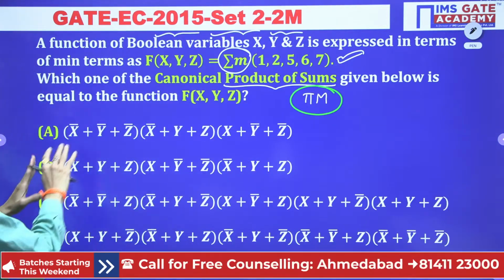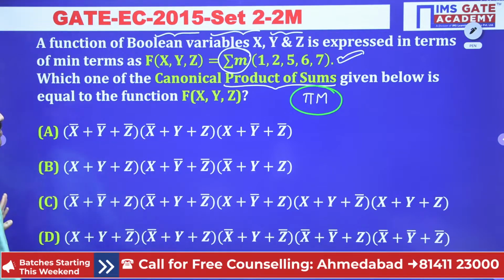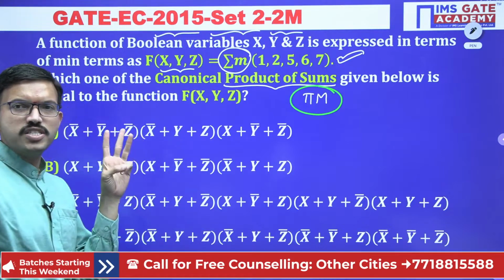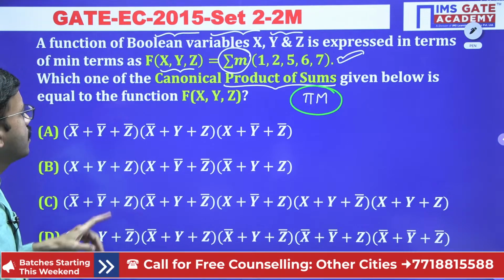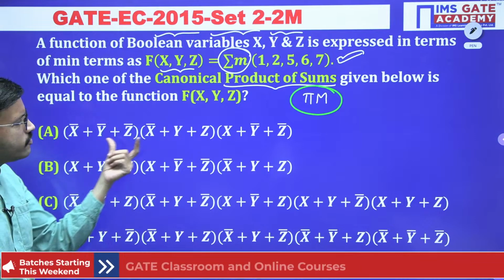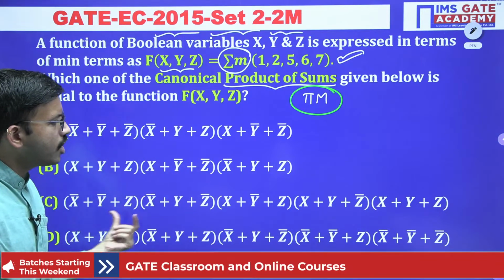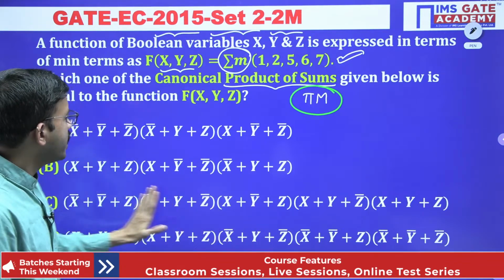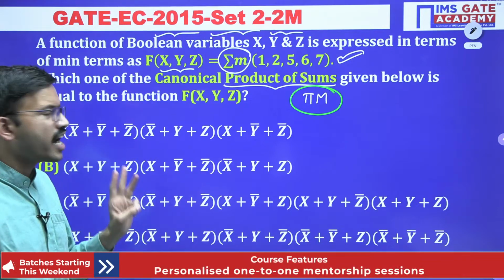Even if you look at all the choices, the given function is a function of three variables, right? And if you observe each and every bracket term, you are having simply logical OR terms, and in each bracket term you are having three letters.